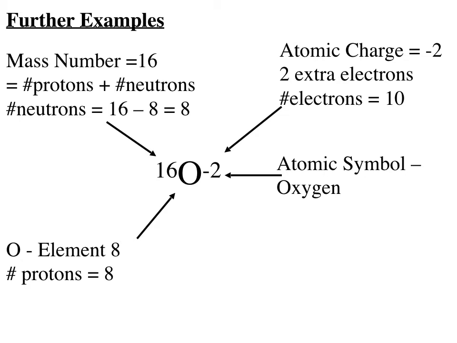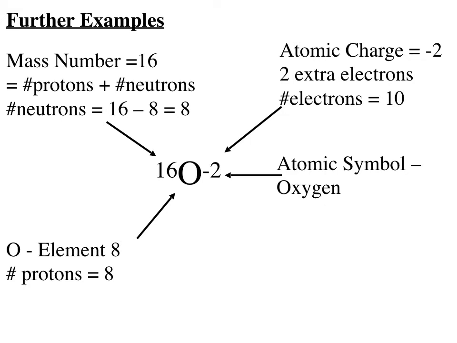But now, as was not the case last time, there is a right superscript. And the right superscript is -2. And remember, as we talked about in the last lecture, each unit of charge tells you the imbalance of the protons to electrons.